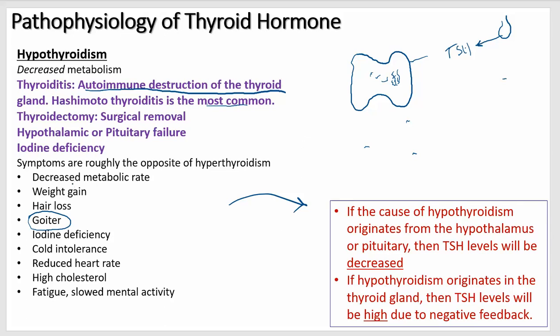Okay, all right, so I have this little box over here. It's the same as the other one, except it's going to have a different outcome. So if the cause of hypothyroidism originates from the hypothalamus or pituitary, then your TSH levels will be decreased. Remember, with hyper, they were increased. And as we just mentioned with the low iodine, if your hypothyroidism originates in the thyroid gland itself, the thyroid gland isn't working right, isn't making enough, then your TSH levels will be high due to the negative feedback.